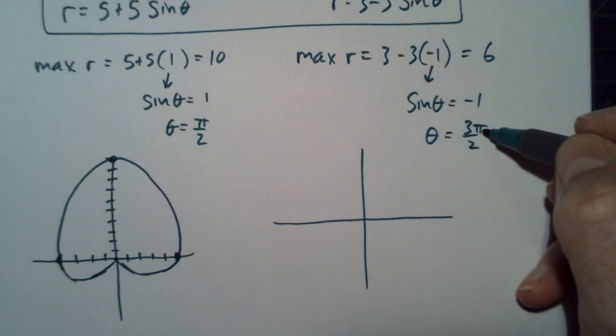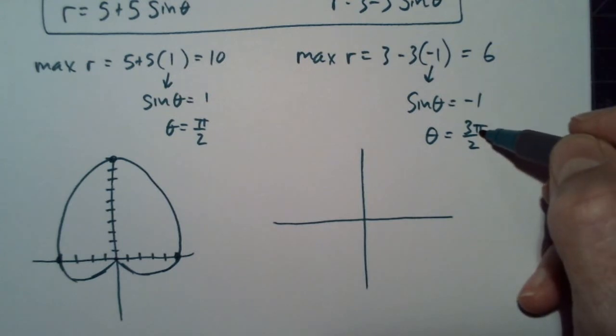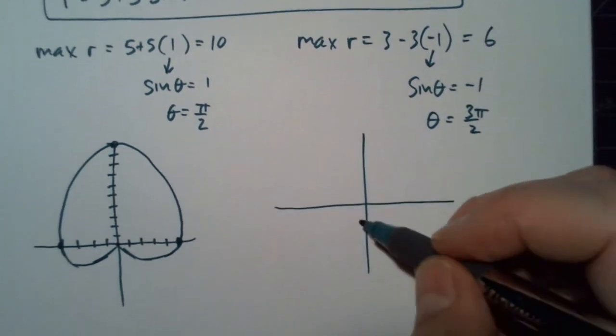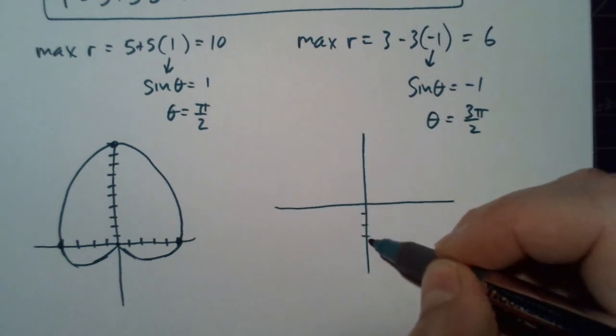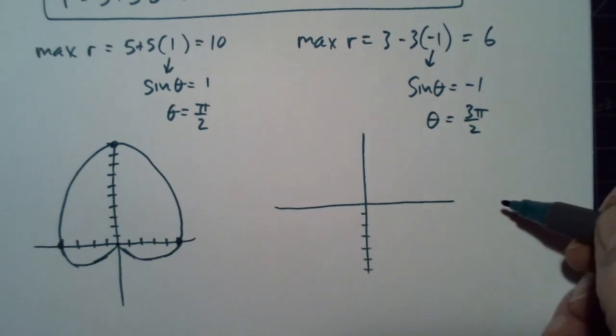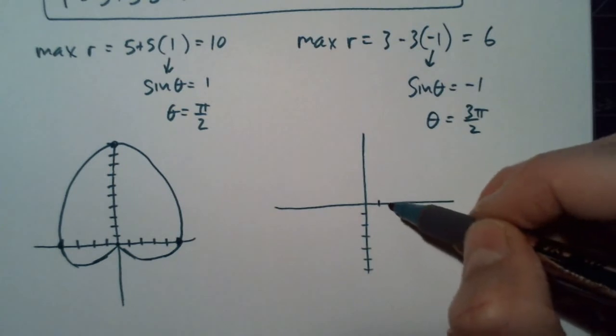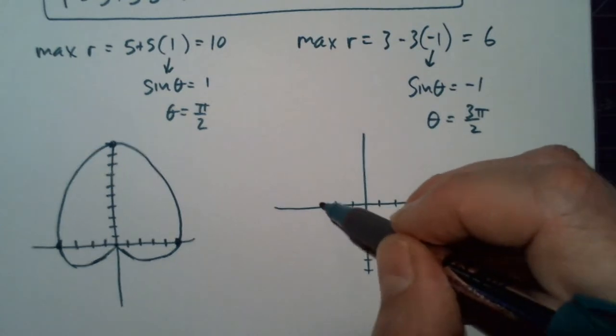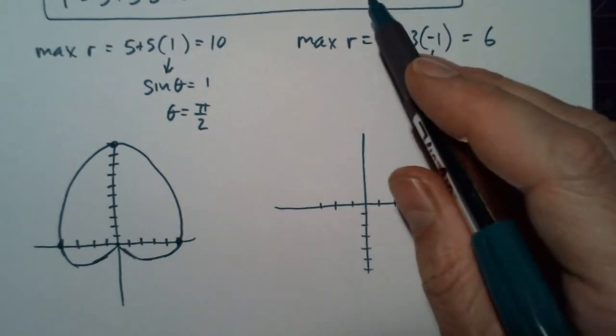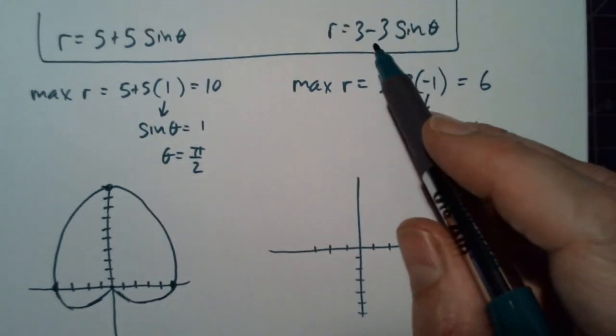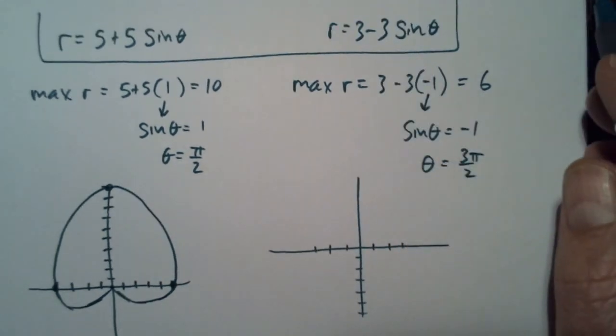At 3 pi over 2, we'll have a radius of 6. We'll also have points on the polar axis at 3, radius of 3. Since these are equal, there will be no loop.